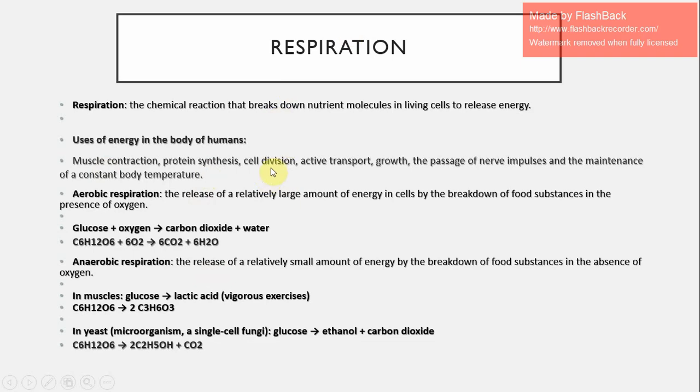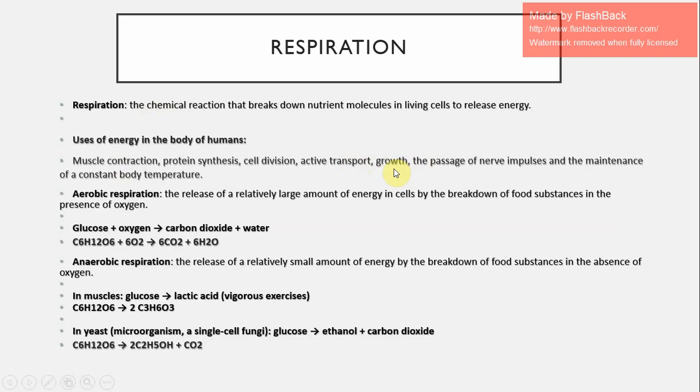Cell division. When a cell divides, to make a new cell, to grow, to repair, they need energy. Active transport, as we took in the first semester, is the transport of substances that consumes energy, against the concentration gradient, when particles move against their concentration gradient.